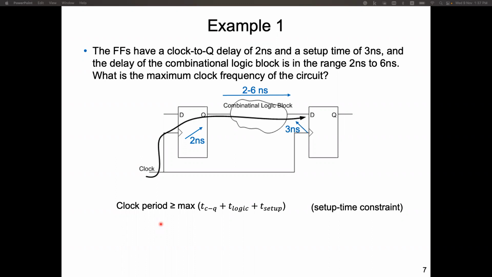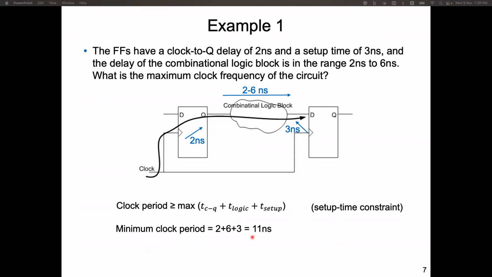So in order to ensure that this inequality is valid for the worst case, we put the worst delay into the logic block. So we have 2 nanoseconds plus 6 nanoseconds for the worst case of this block, and setup time is 3 nanoseconds before the edge of the clock. So the minimum clock period is 2 plus 6 plus 3 equals 11 nanoseconds.